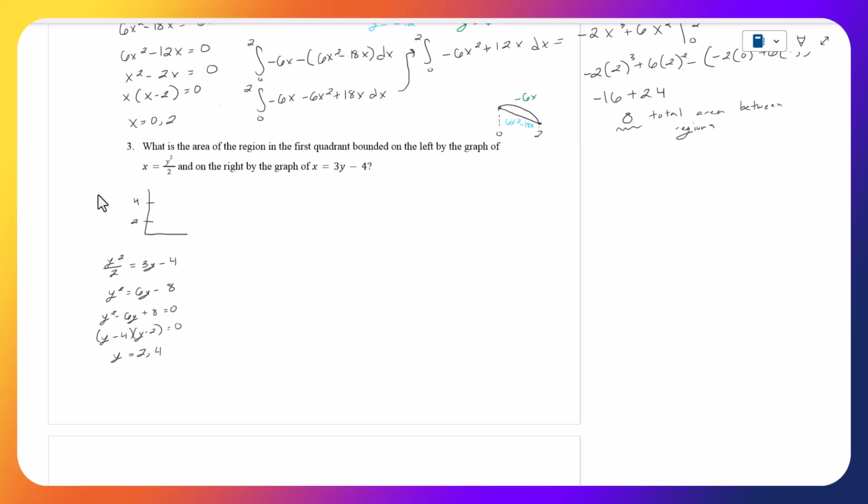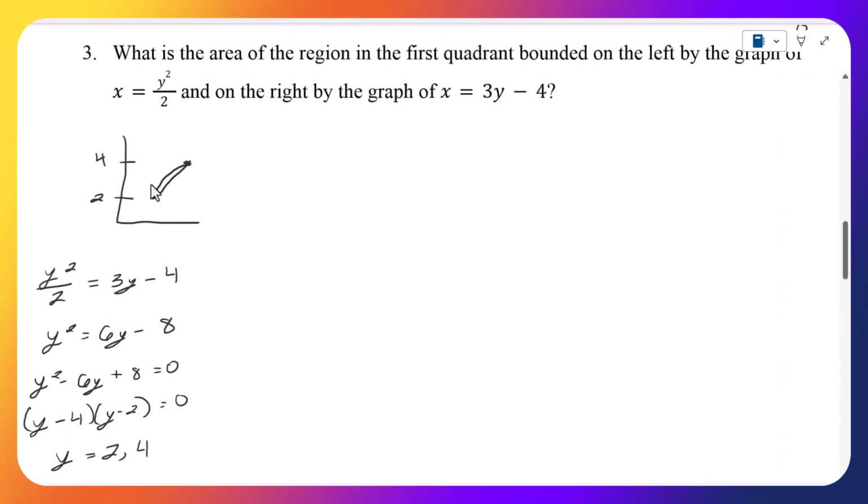It doesn't matter how you draw it, as long as your function is always to the left, and then on the right by that other function right there. So that's going to look like that. So I have it all the way on the left, and then this one's always on the right.